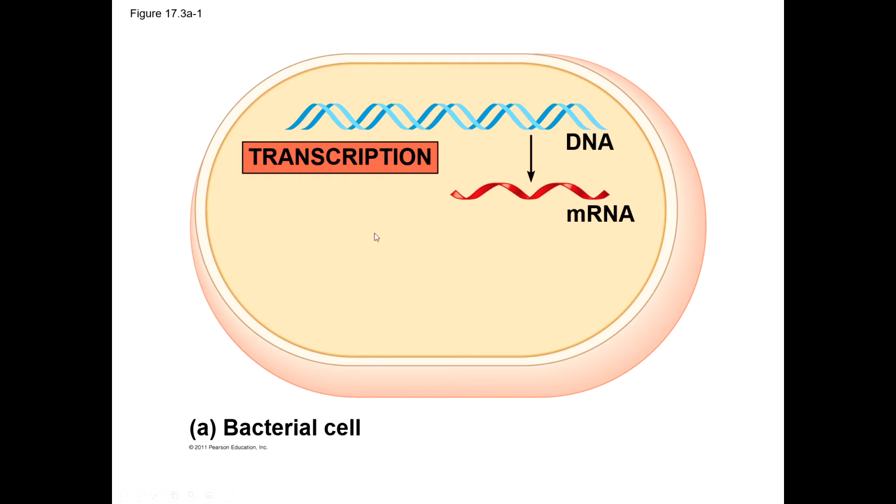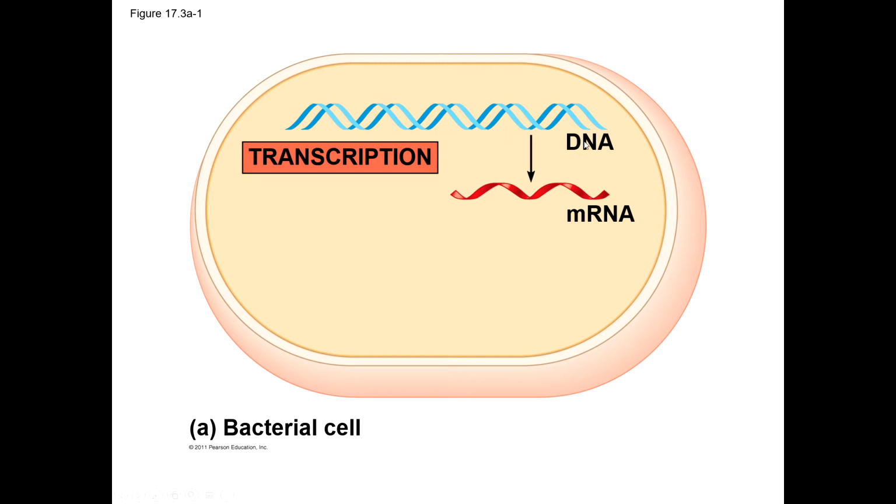Now, when you compare transcription to DNA replication, which we talked about in the last chapter, in DNA replication, all the DNA has to be copied and made for each new cell. In transcription, you're only copying a gene region of DNA. What is a gene? Again, a gene is a piece of DNA that codes for a protein. It could consist of 10 nucleotides. It could be hundreds of nucleotides. It just depends on what it's coding for.